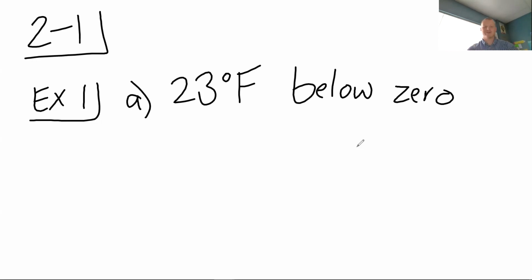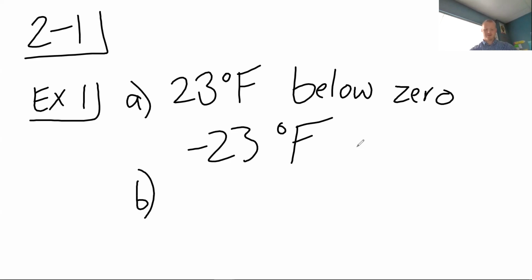Yeah, just negative 23. Negative 23, going to be degrees Fahrenheit. It doesn't say that in the book, but that is what it would be. Negative 23 degrees Fahrenheit. We don't get those kind of temperatures, but over on the east side of Oregon and Washington, and over in the Midwest, you're going to be seeing negative temperatures a lot.